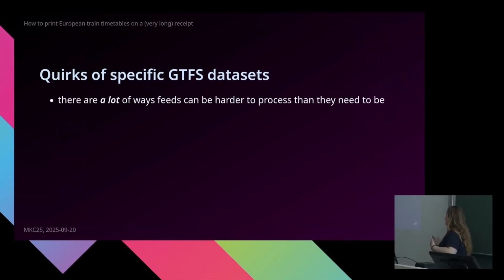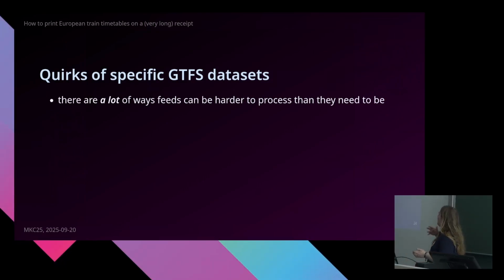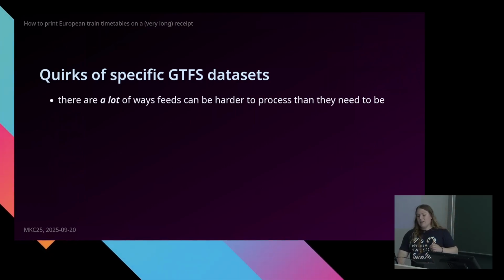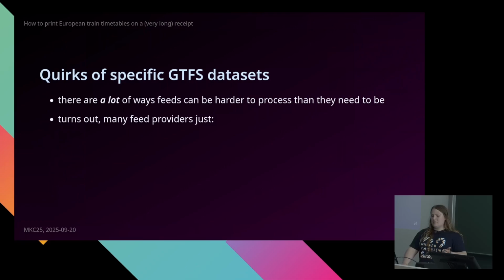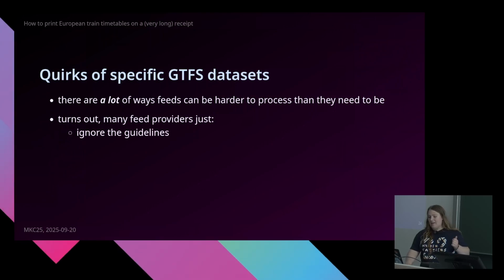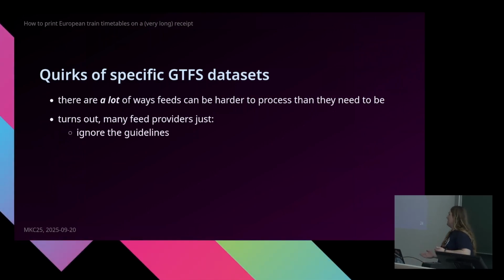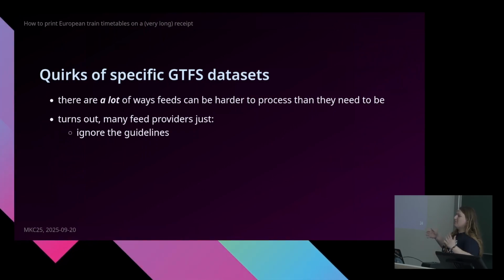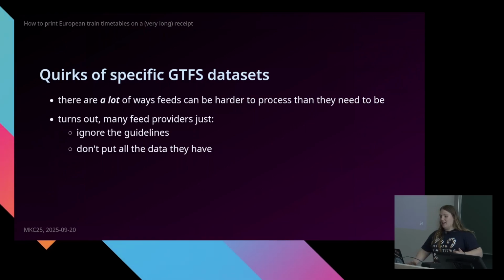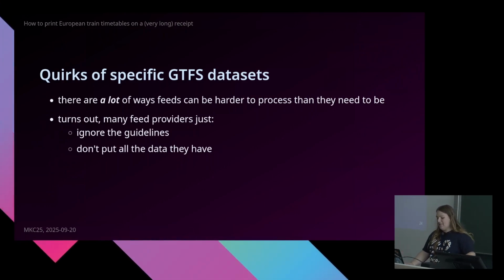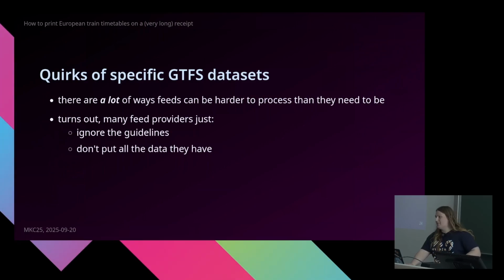So there's a lot of ways that feeds can be way harder to process than they need to be. And there's a lot of things feed providers just choose to do for no reason. Many of them ignore the recommendations, which we can still parse. It's just not the recommended way of formatting the data. Sometimes they just omit data, which isn't the best thing ever, but we can sometimes re-extract it from there.